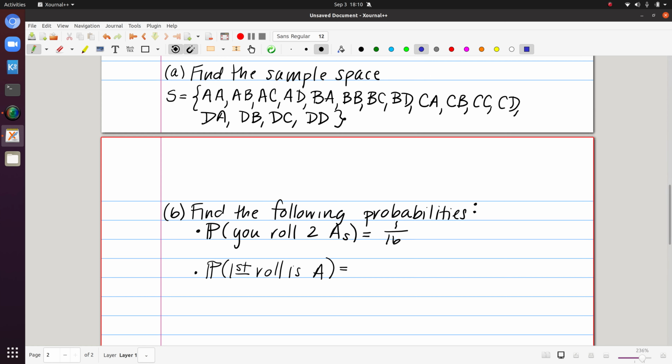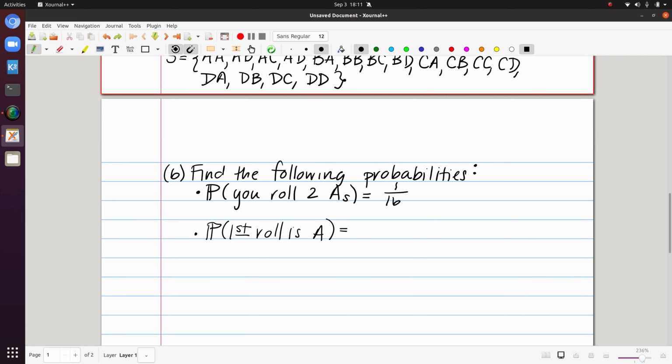First of all, I could look at the fact that I have exactly 4 out of these 16 possibilities that indicate that the first roll is A. Alternatively, this really doesn't involve what happened on the second roll. So you could instead focus on this as rolling the die once and thinking, what is the probability that you roll A? Either of those should lead to probability 1/4. And so that is going to be my answer here.